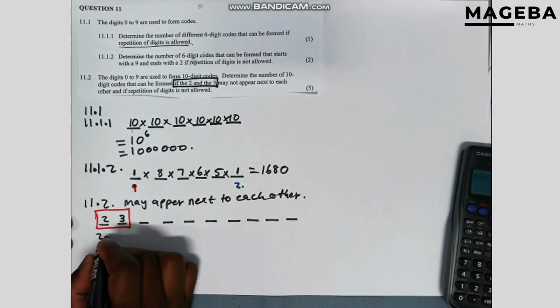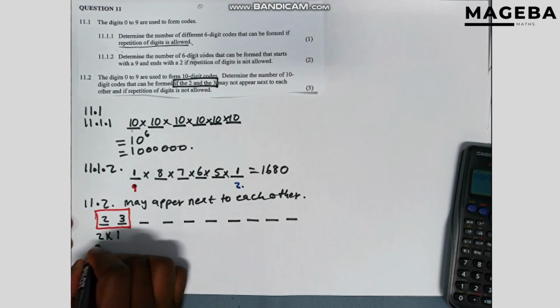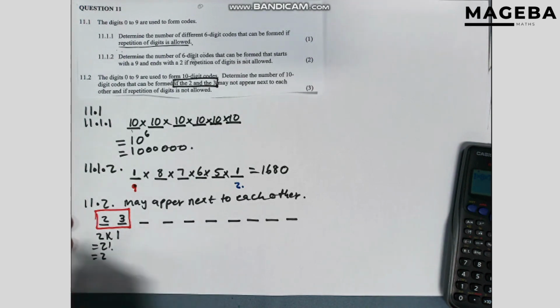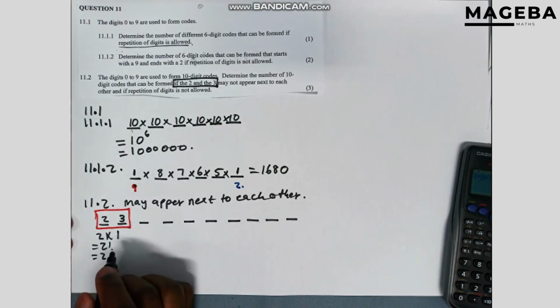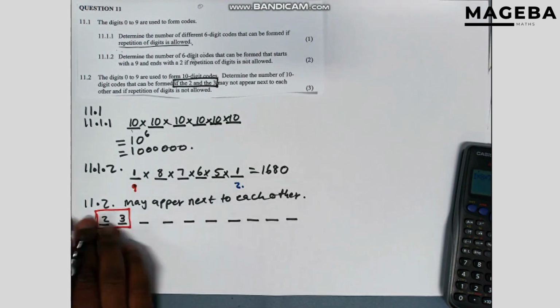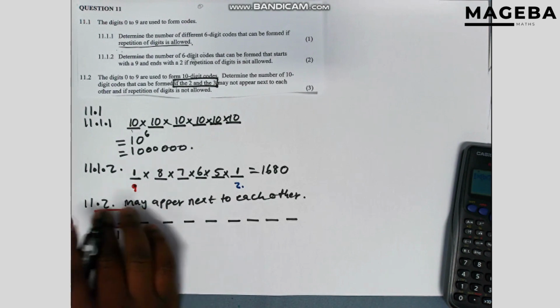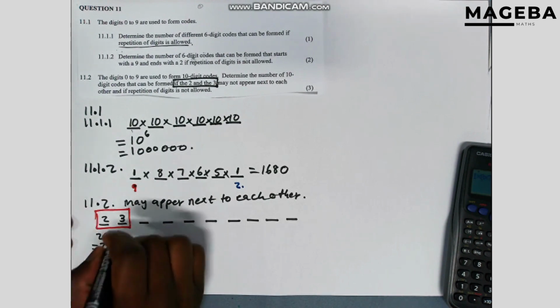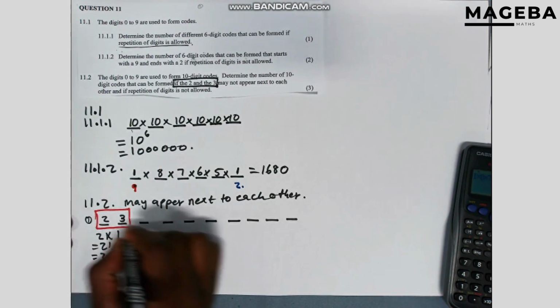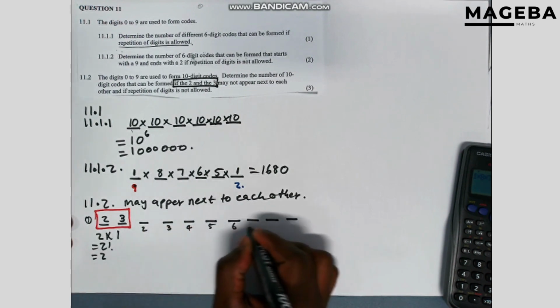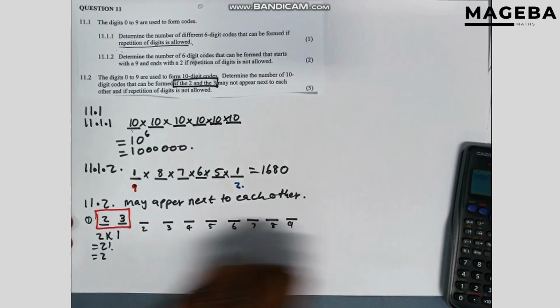So it's 2 times 1, which is 2 factorial, which gives us 2. Then we also do the arrangement of everything including the box. If you count including the box, you count 1, 2, 3, 4, 5, 6, 7, 8, 9.